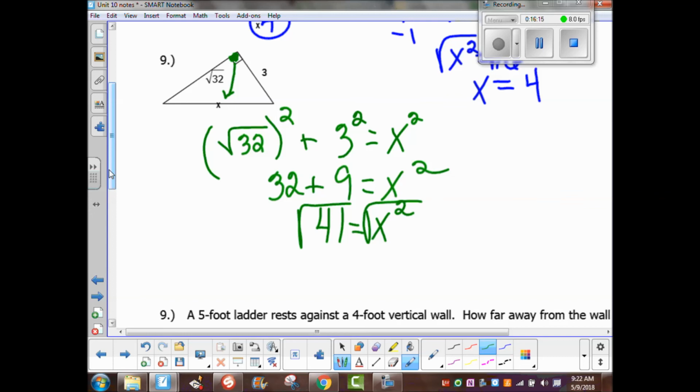Is there a perfect square that 41 is divisible by? Does 4 go into 41 evenly? No. Does 9 go into 41 evenly? 16? No. What do we know about 41?